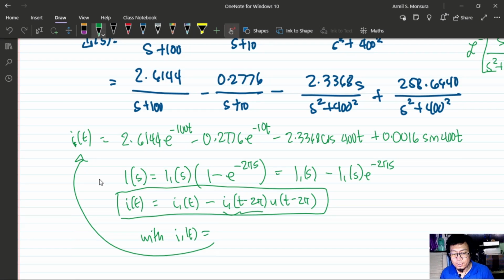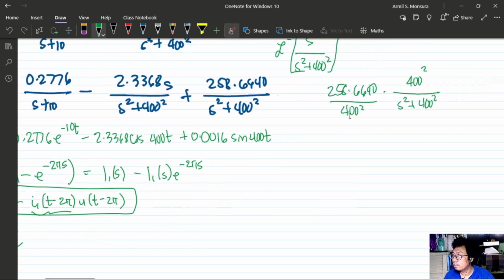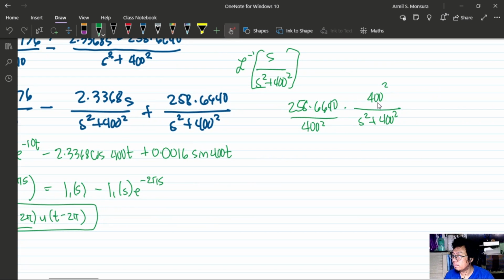But before I graph, let me make some corrections here. I saw a mistake in what I did at this point. This should not be 400 square, it should be just 400, because omega over s square plus omega square is the form.